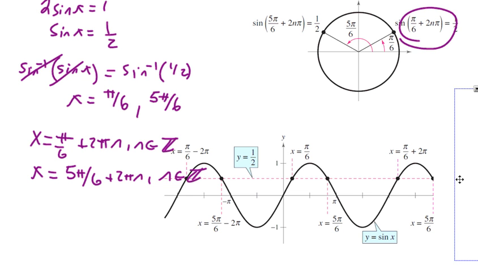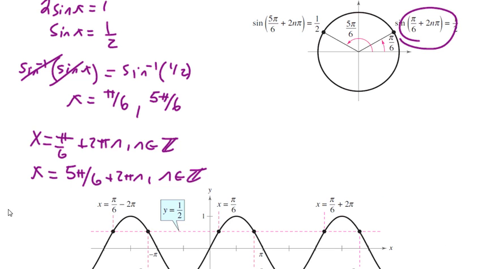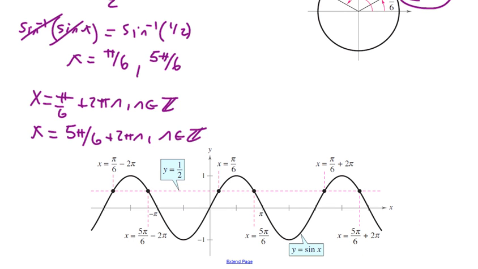There you go. Let me just move this down. If we look back at the sine graph, see how right here is pi over 6 and then 5 pi over 6, but then if you do 1 full period again, there it is, and it's going to keep repeating itself, see over here as well. So that's why we have to do the plus and minus 2 pi.